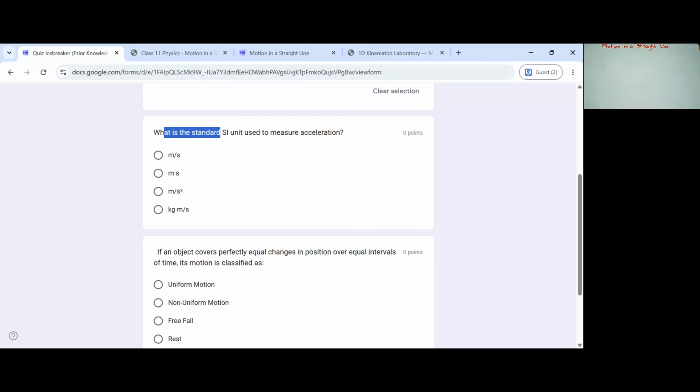Second one, very easy one. What is the standard SI unit used to measure acceleration? You already know about acceleration, mass, motion, rest, velocity. Here the important one is SI units. You can type the answer in the chat box.